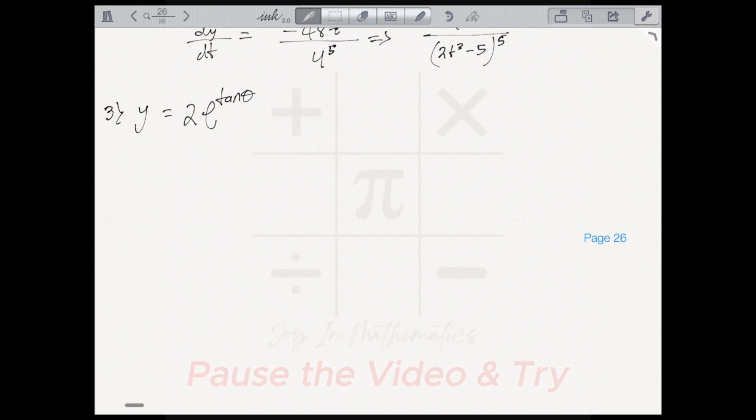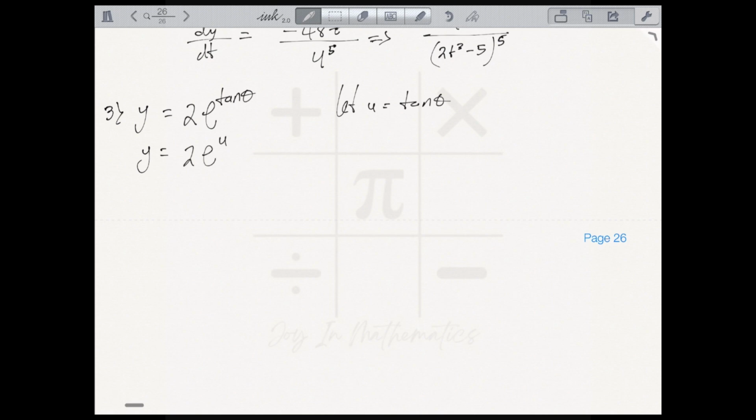Now this is very easy. Let's just apply the principle of function of a function. So we say let u be equal to tan theta. Therefore our y is equal to 2e^u. So with this we can evaluate dy/du, and also we can evaluate du/dtheta.